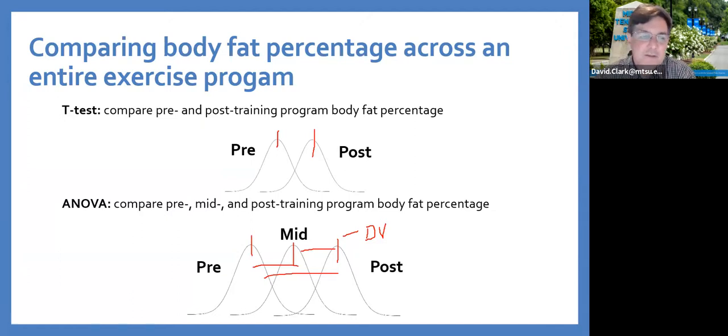To get a good idea of the average body fat percentage of a student at MTSU, think about it: it's like 30,000 students by the time you add them all up. You're not going to go out and ask everybody what their body fat percentage is. So you ask enough people to get an idea, and it has to be representative.